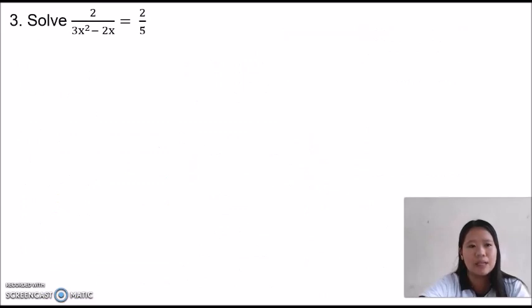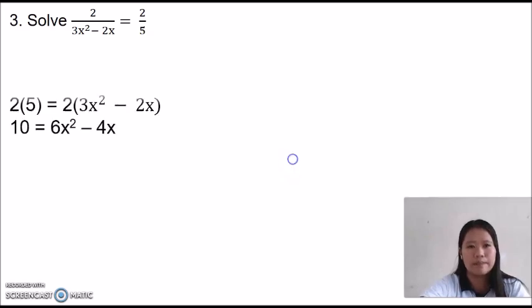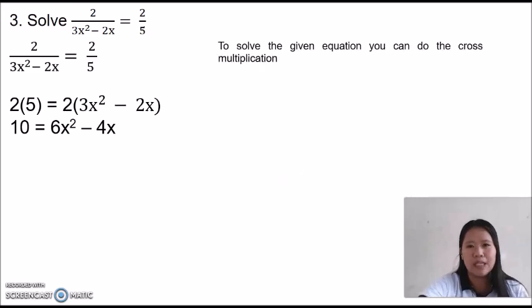Next, we need to solve for 2 all over 3x raised to 2 minus 2x equals 2/5. So, to solve the given equation, you can do the cross multiplication. So, magko-cross multiply tayo dito. So, ganito siya.